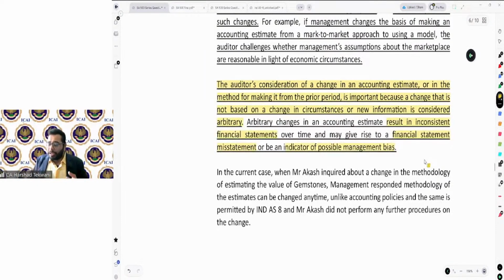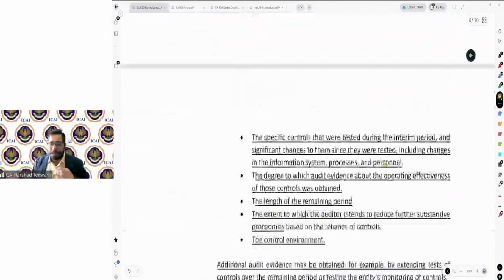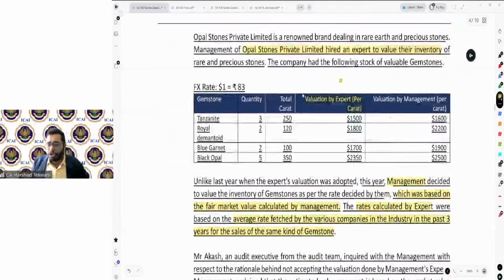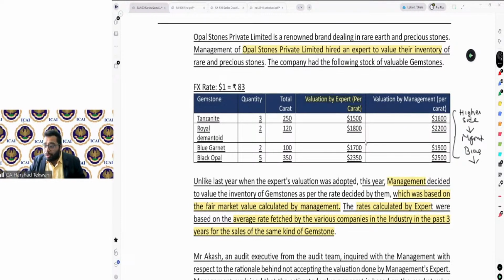And in that case, I need to evaluate why there is this thing. So, for example, in the current case, if the management does not adopt the valuation by expert, rather they adopt the valuation by themselves, and this valuation is on the higher side, this is management bias. This could be management bias and could lead to even fraud risk.